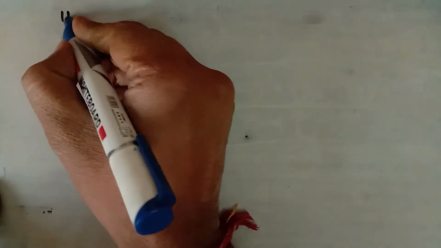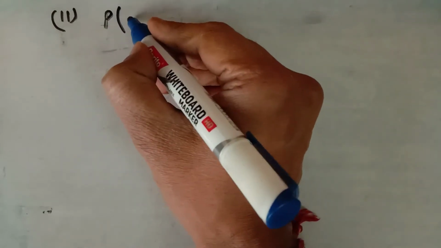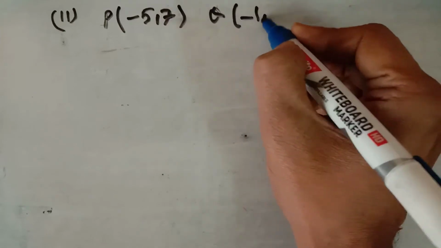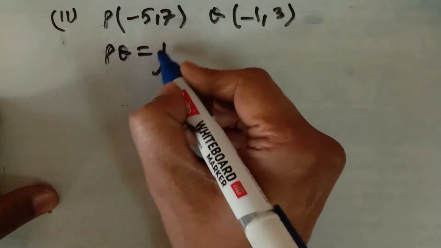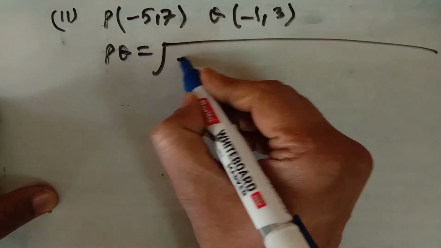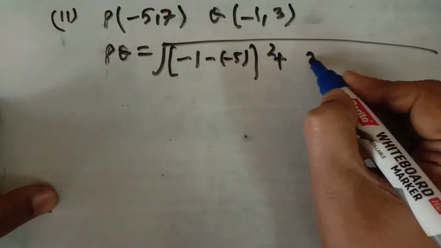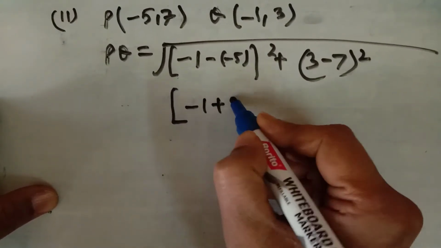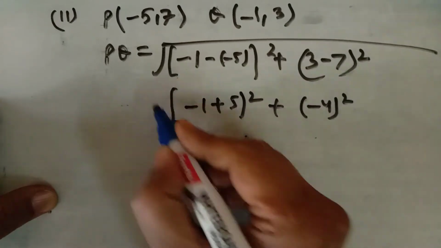Similarly, you can find the second part of question number 1. I have taken this point as P, whose coordinates are -5 and 7, and the second point I have taken as -1, 3, and you have to find the distance between these 2 points by using the distance formula. So be careful with the calculation part. x2 minus x1 comes out to be 4, and y2 minus y1 is -4, whole square under root.